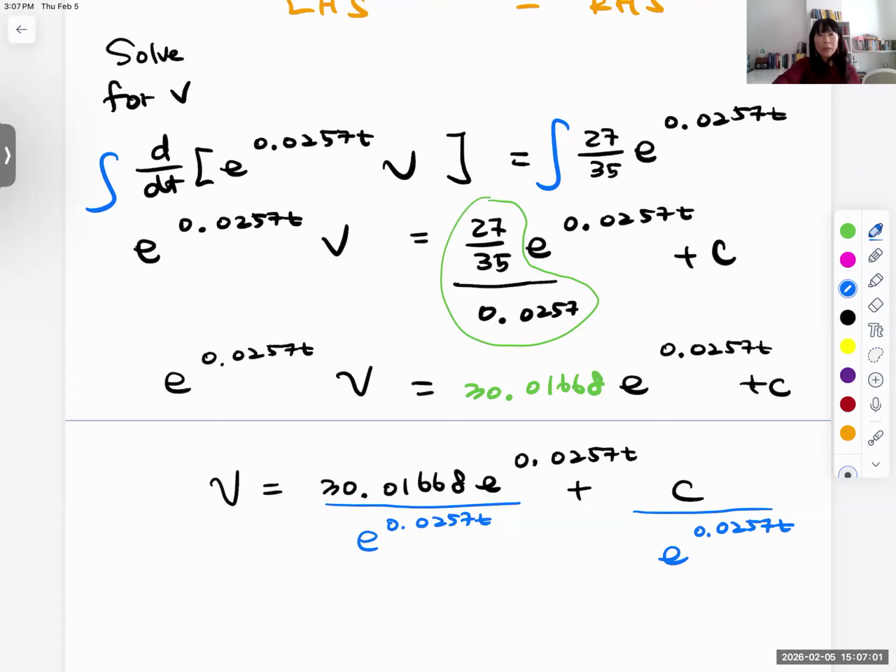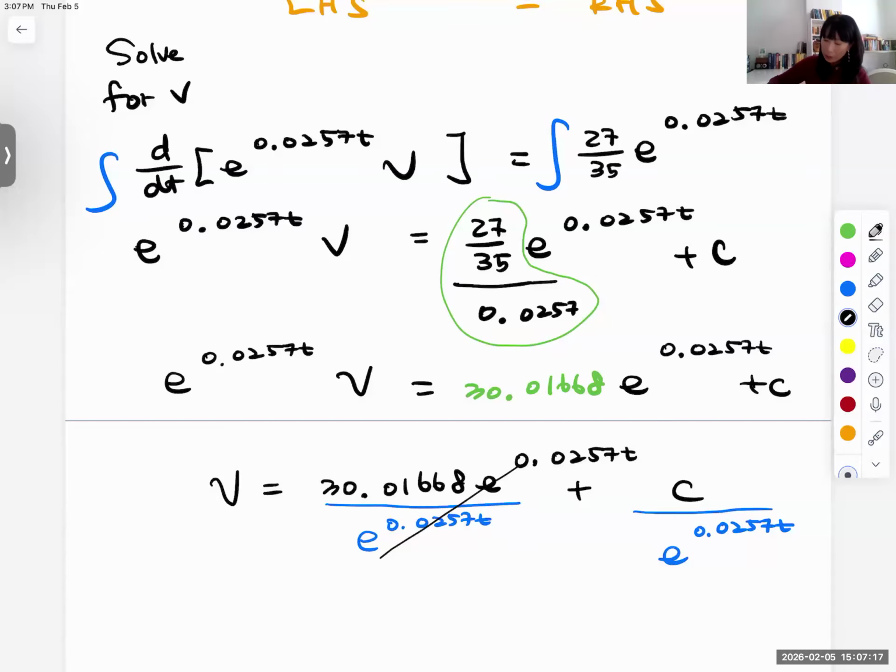Now we can simplify the first term. And for the second term, we can use a negative power, right?